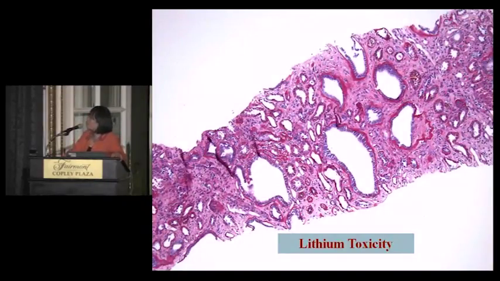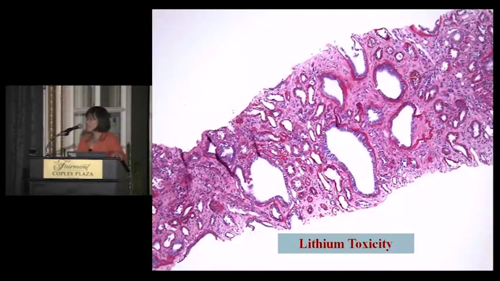All right, let's move on to another condition. This slide shows you a lot of cysts in the tubule and also in the interstitial area. This pattern is lithium toxicity.